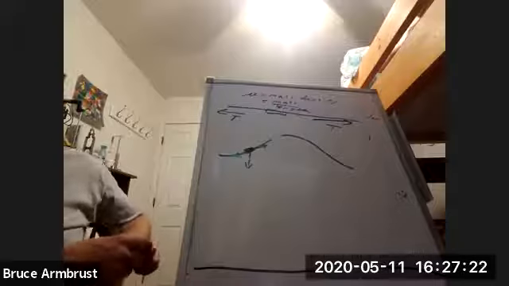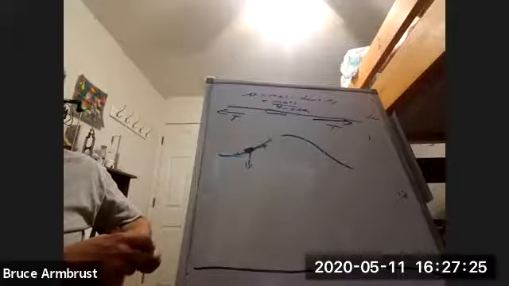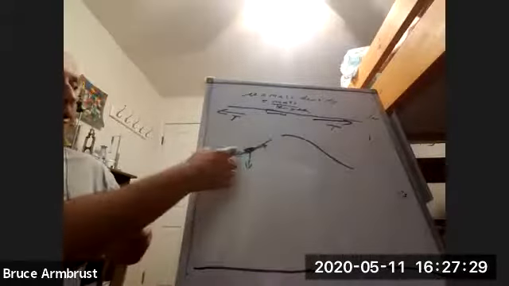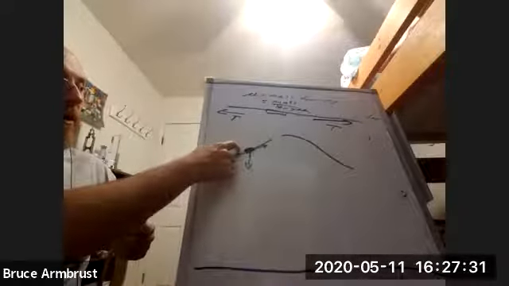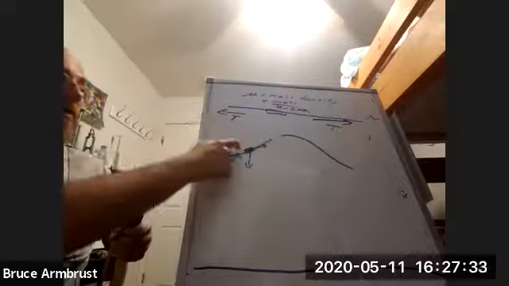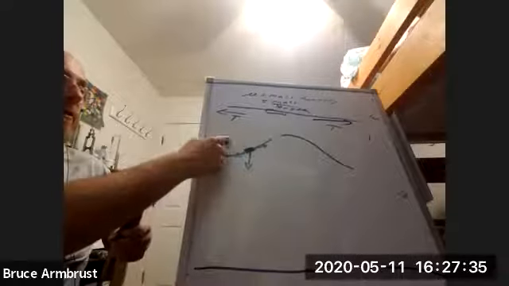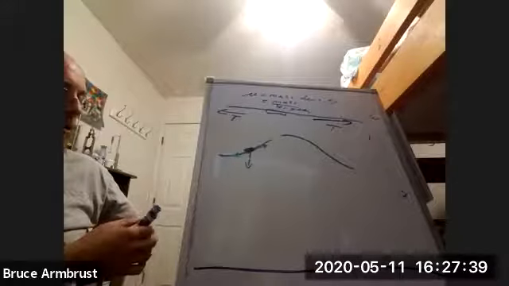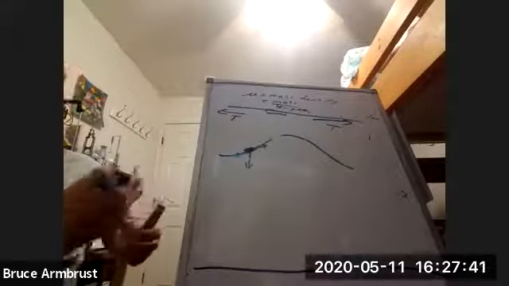Okay, so let's look vertically. So vertically, we're going to get the vertical component of the tension force coming to the left and the one going to the right. So I'm going to call those, say, F1 and F2.